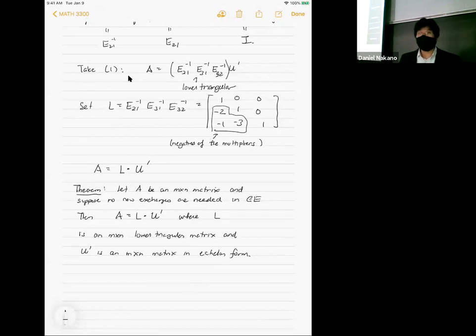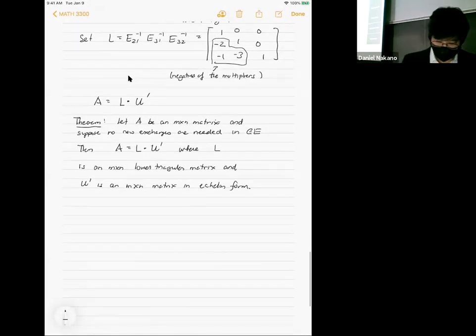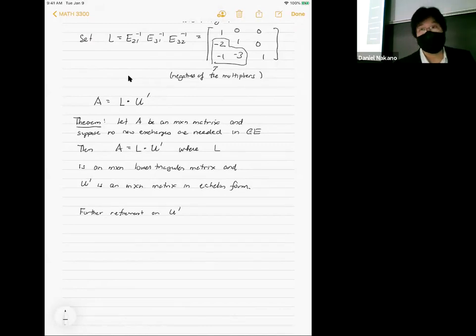Okay, questions on this? Okay, so now there's actually a further refinement on U prime. So let me take U prime again, our example. So what was U prime equal to?